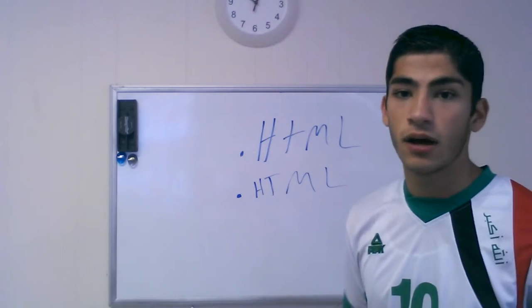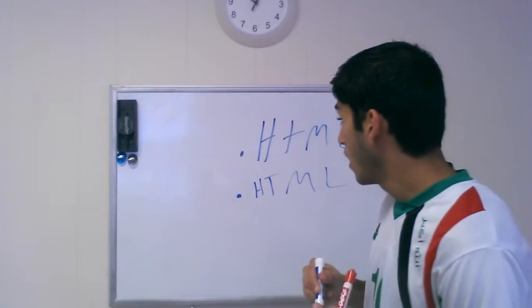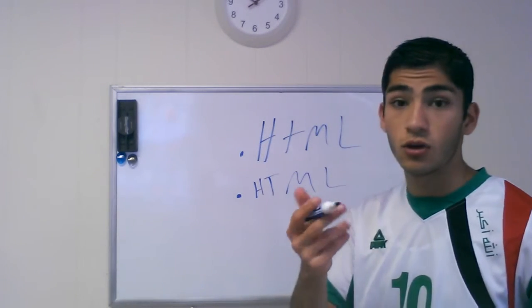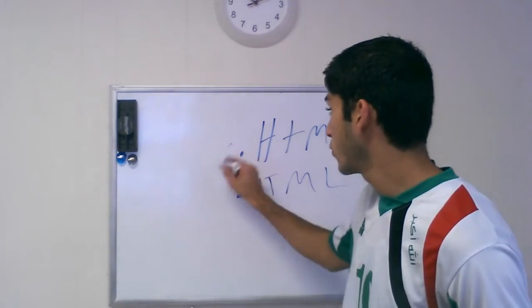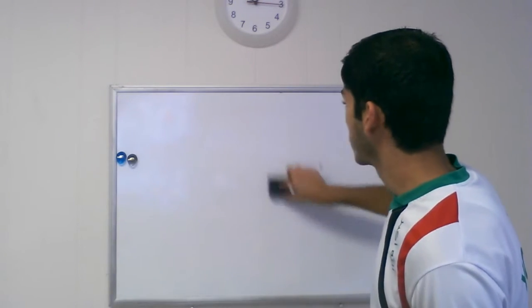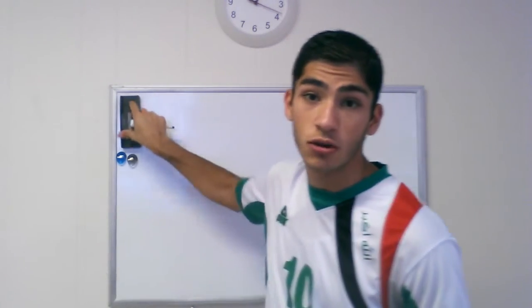Why? Because Linux is case sensitive. Otherwise, on Windows, both of those are the same, and it's going to choose to ignore the difference. We'll just write the script out.